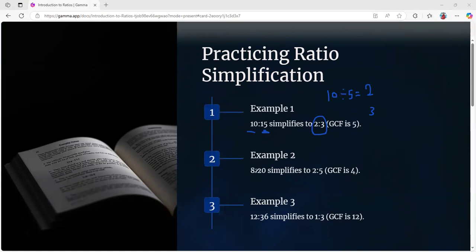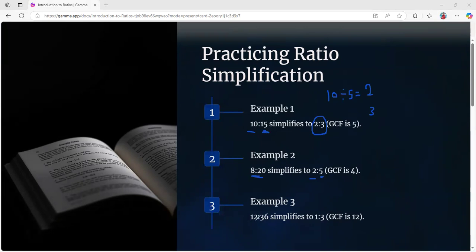Let's take another example. 8 to 20 in its simplest form. Okay, we can get the GCF between 8 and 20, which is 4. 8 divided by 4 is 2, and 20 divided by 4 is 5. And the last example here, 12 to 36.